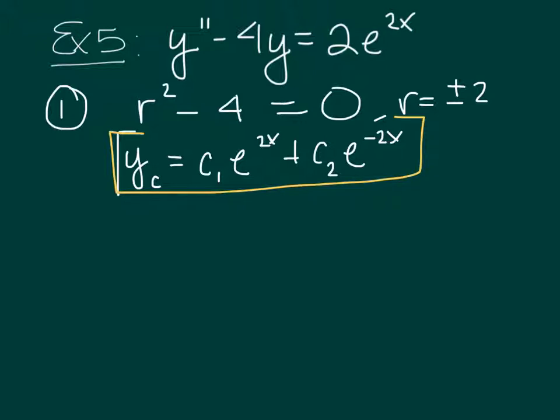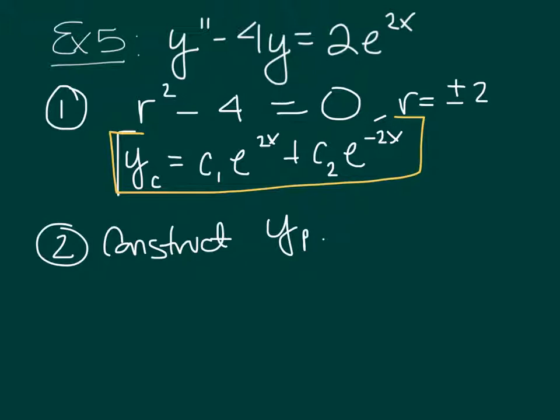But we want to find a particular solution. So the second step is constructing y sub p. So we want to choose our y sub p. And from our last example, example 3, this is an exponential function multiplied by a coefficient.